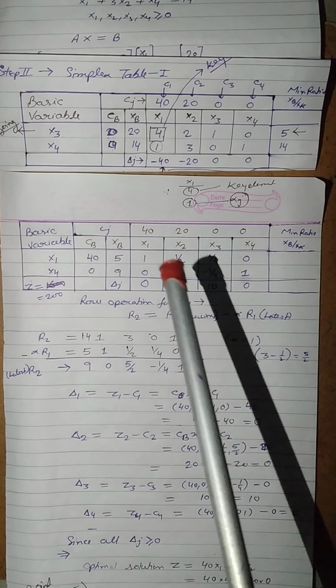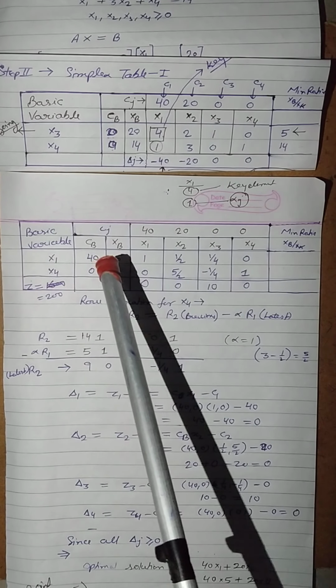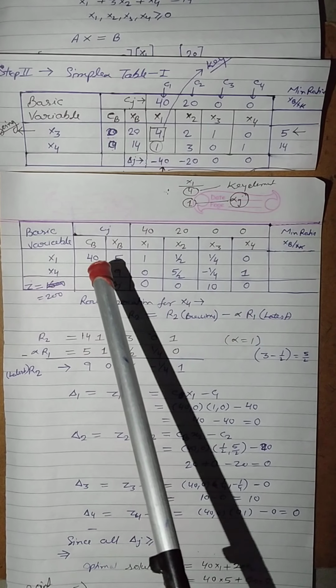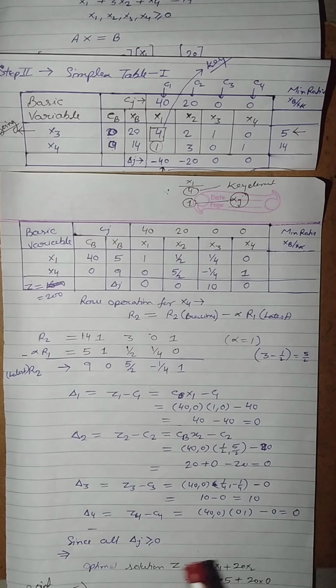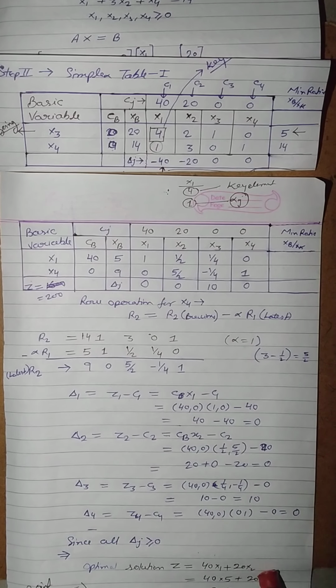Now the optimal point is x1 is 5 and x2 is 0, for the objective function max z equals 40 x1 plus 20 x2.